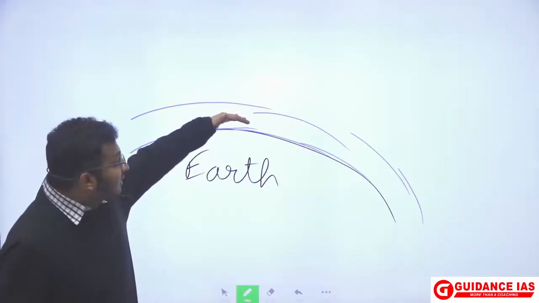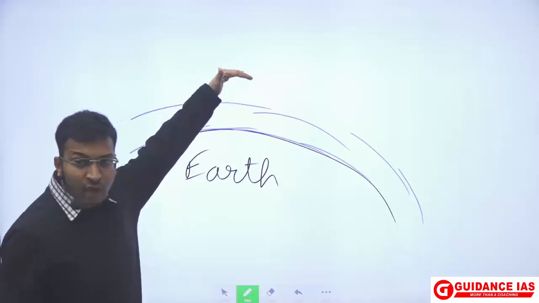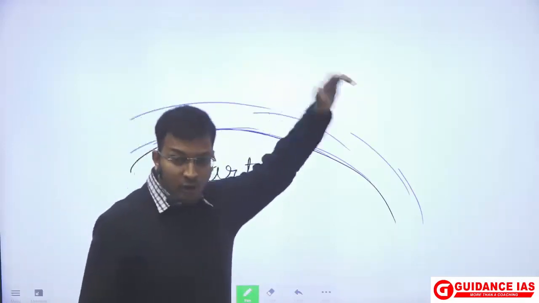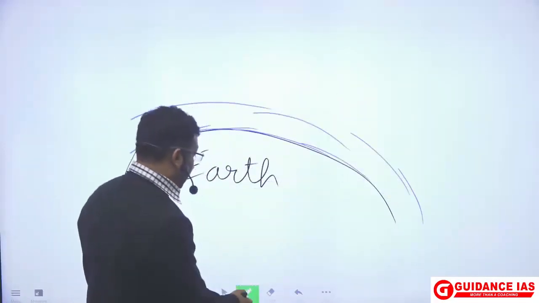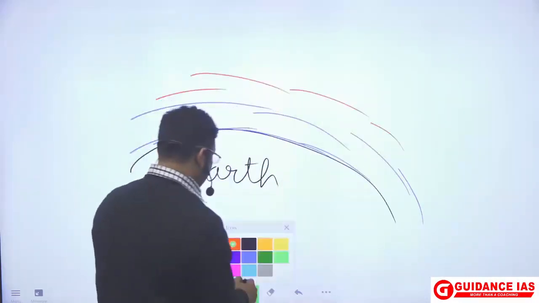Since the layers near the earth's surface cool down, but as we go higher it is still a little bit warm.